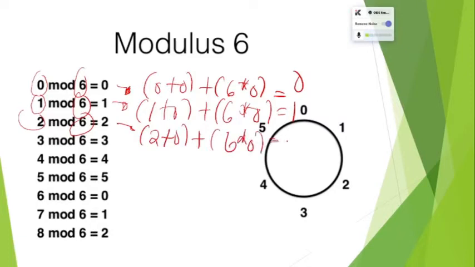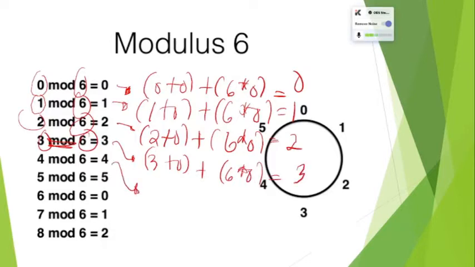That is 2. So, this one, that is 3 plus 0. So, this is applicable if ang left ng mode, or the number on the left of the mode, is mas maliit compared sa right. So, i-compare mo muna. So, that is 6 times 0 pa rin. So, that would be 3.